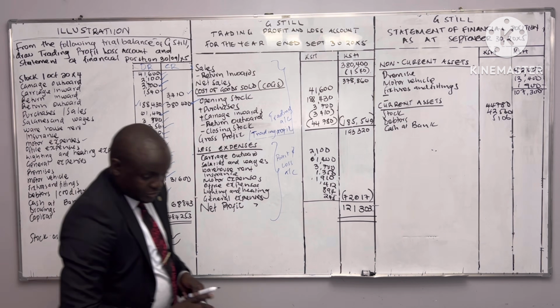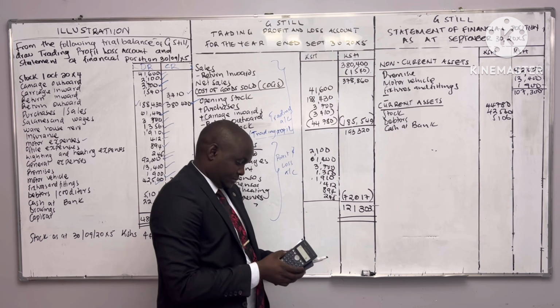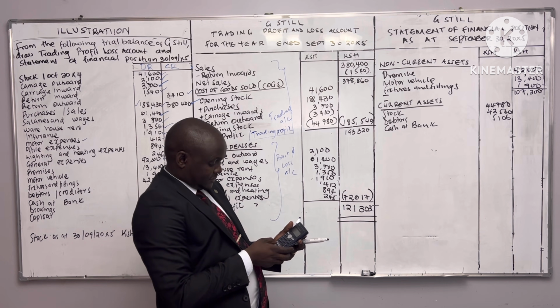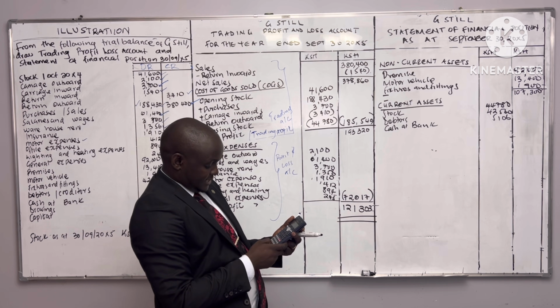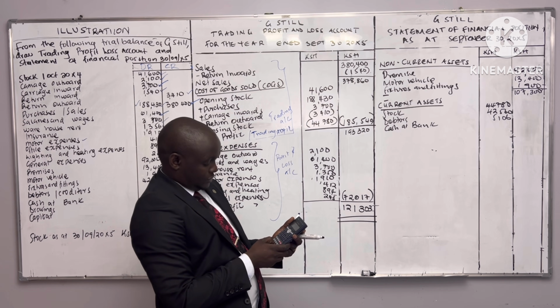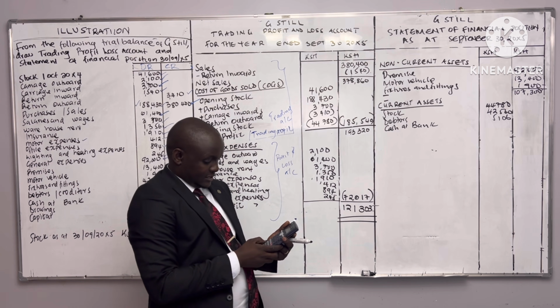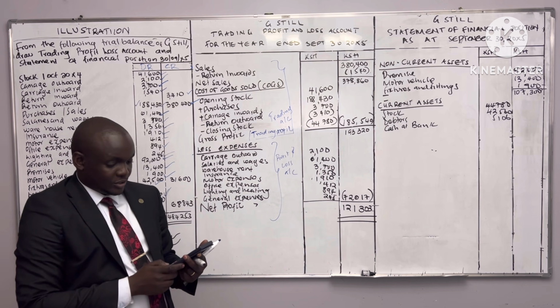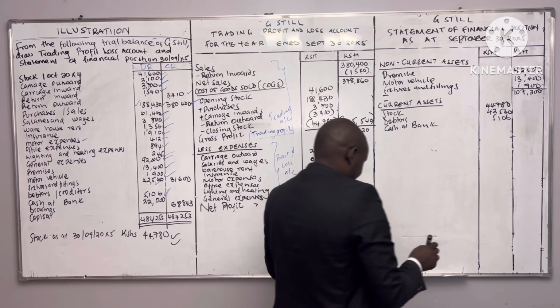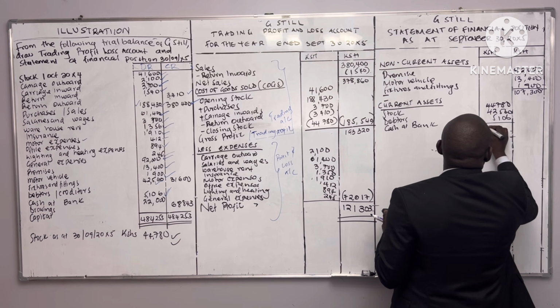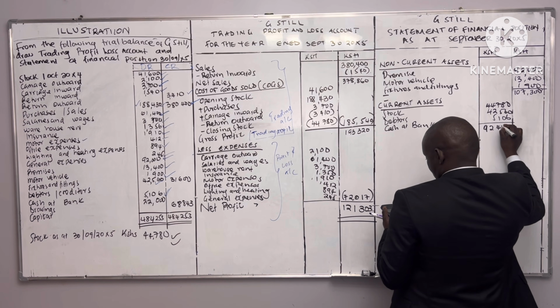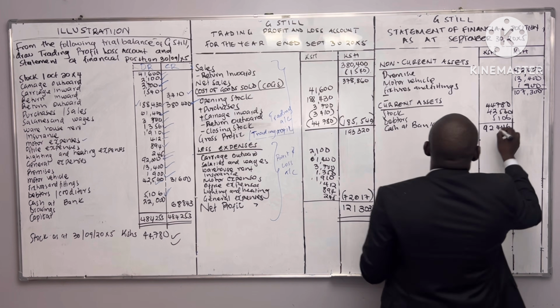So let me get the total of that. We have 44,780 plus 42,560 plus 5,106. The total is 92,446.